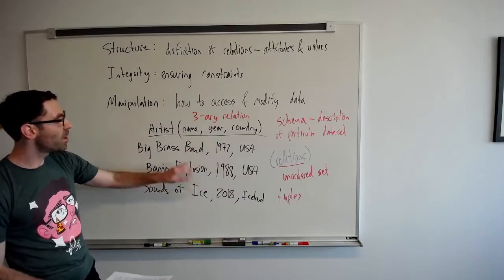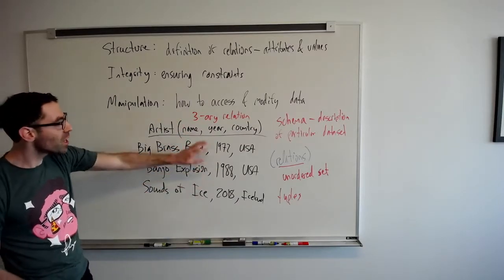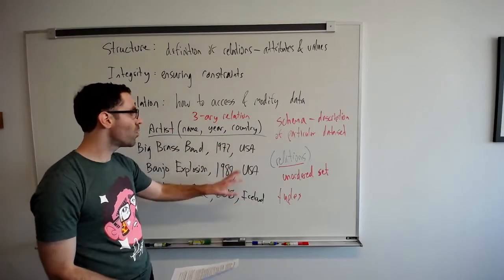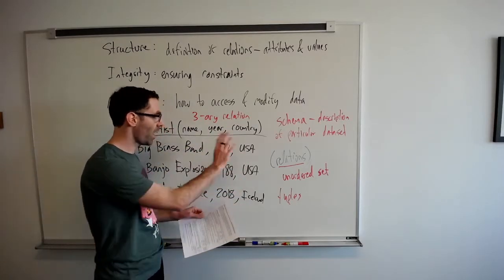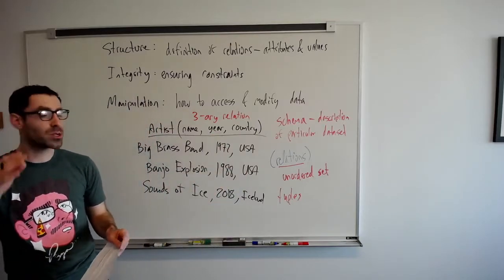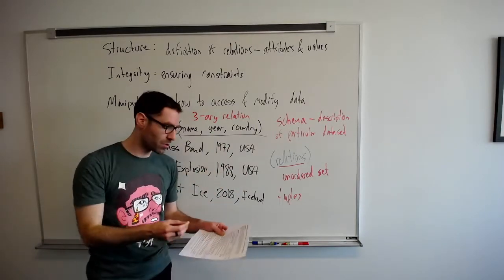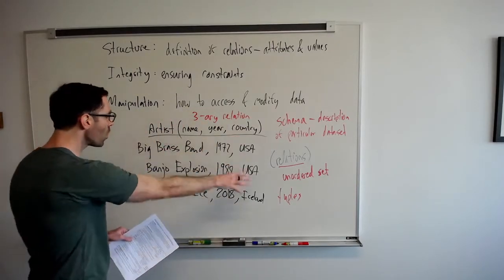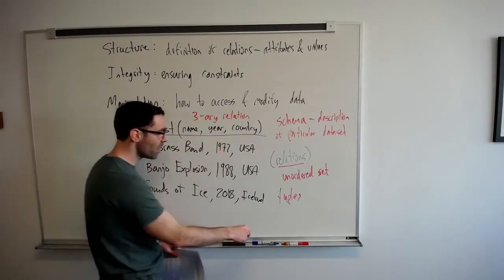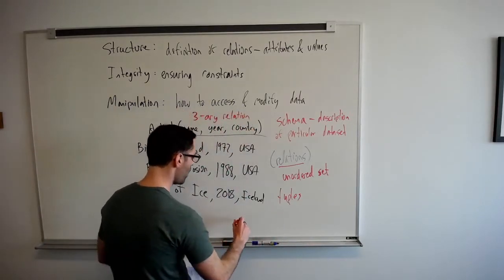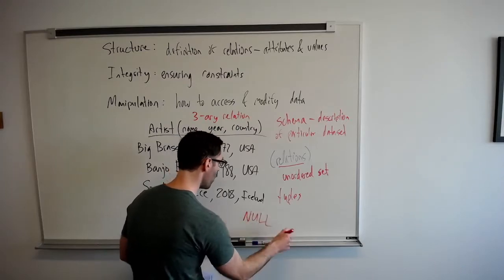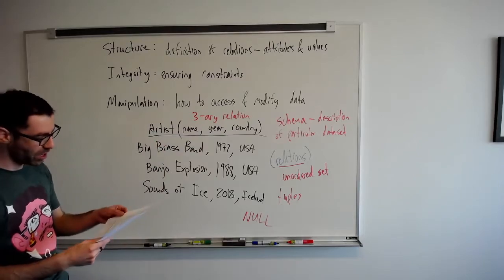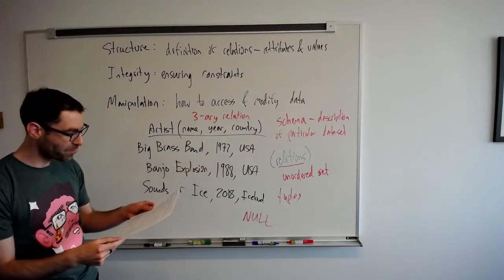So name is a string, year is a number, country maybe a string, or maybe we have some kind of special type that is one of these certain country codes, something like that. And for all of these values, any of them could have the special value of null, representing that there's not a value for that particular attribute for that particular tuple.